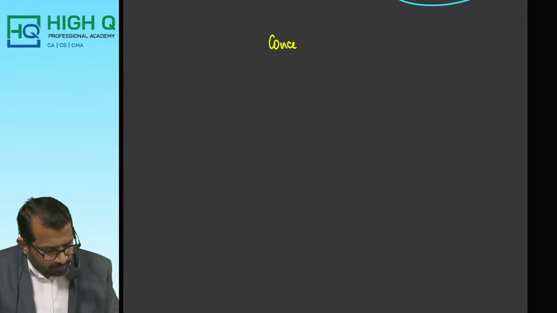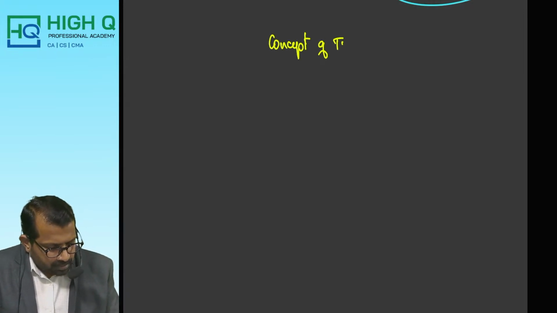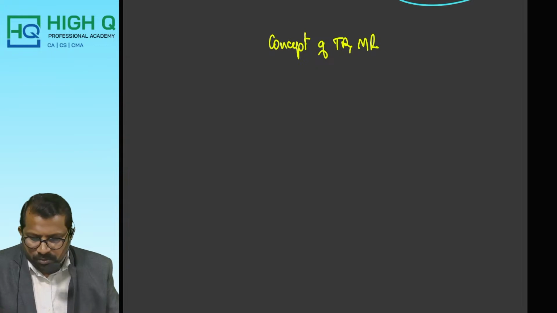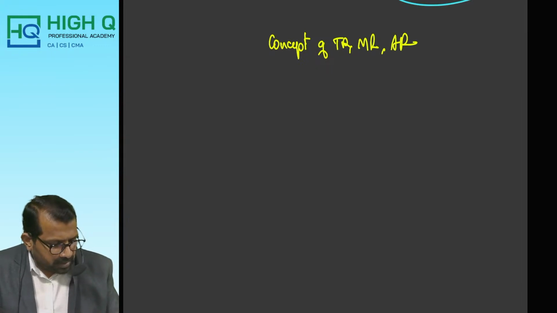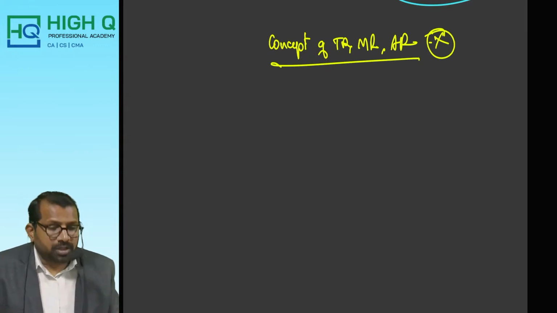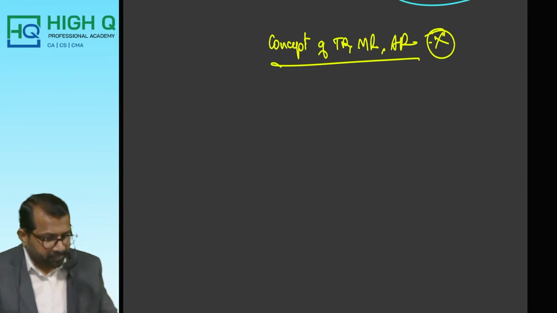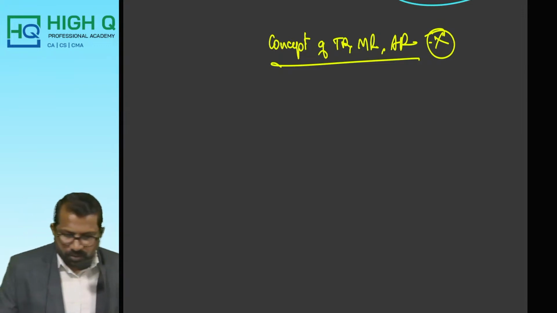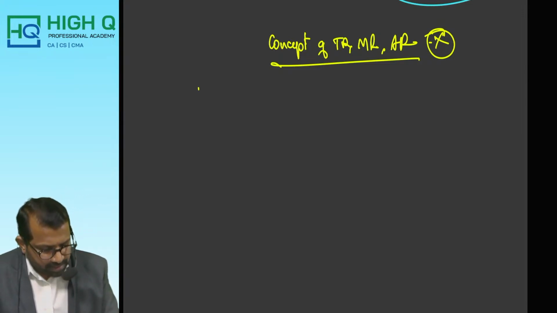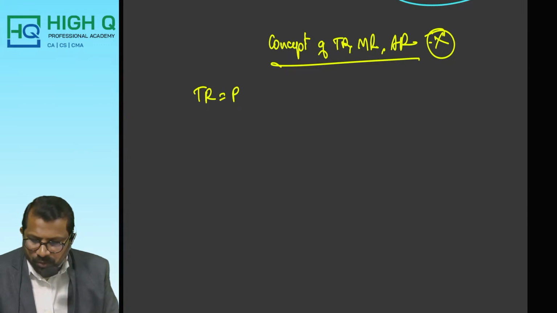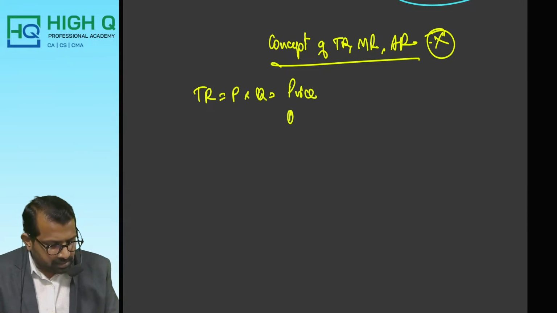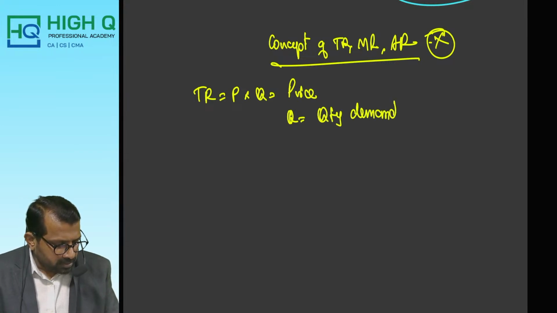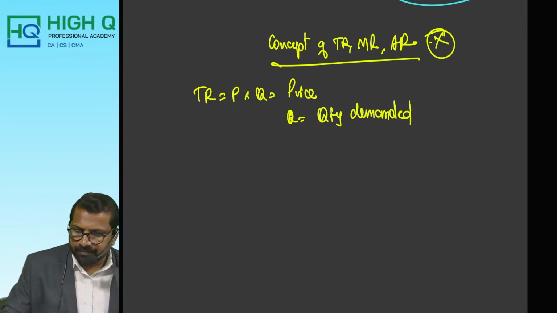Concept of total revenue, marginal revenue, average revenue. Very, very important concept for your examination. Total revenue equals P into Q, where P is price and Q is quantity demanded.